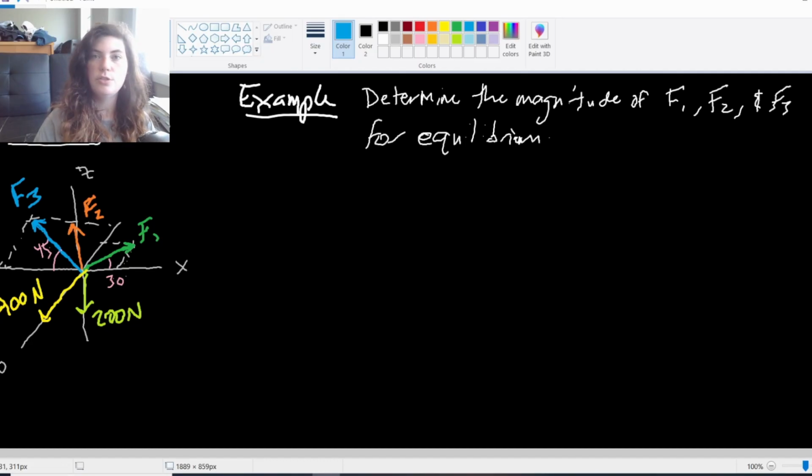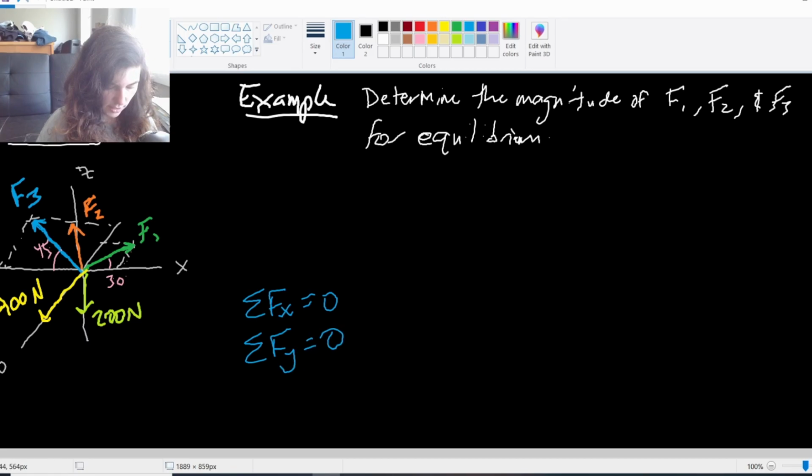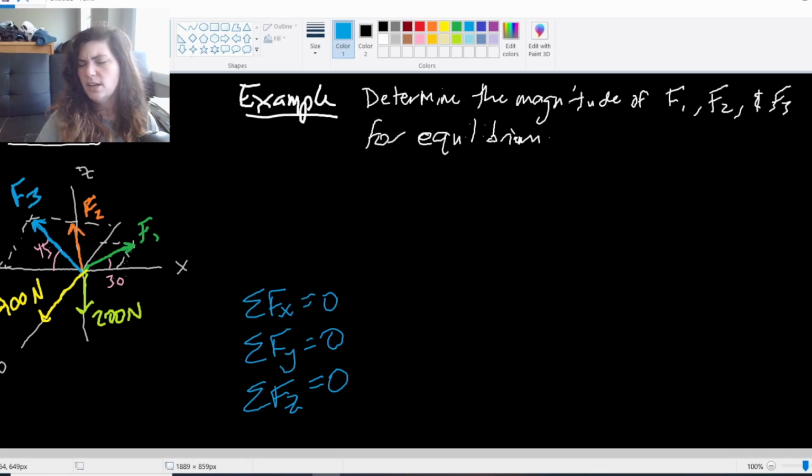Since we have 3 equations that we can set up, our 3 equilibrium equations, our sum of Fx is 0, sum of Fy is 0, and sum of Fz is 0, we can have 3 unknowns. We have 3 equations, we can solve for 3 unknowns. This is taking us kind of back to algebra 2 maybe in high school.